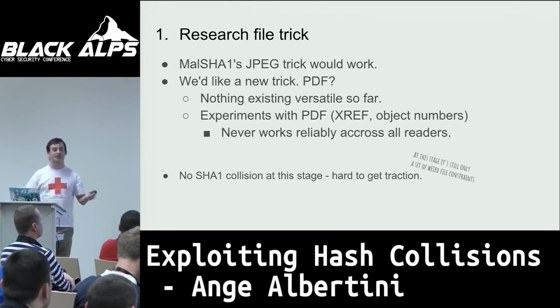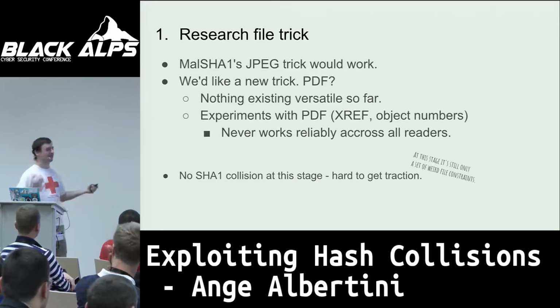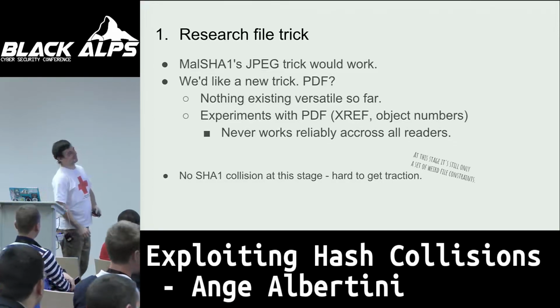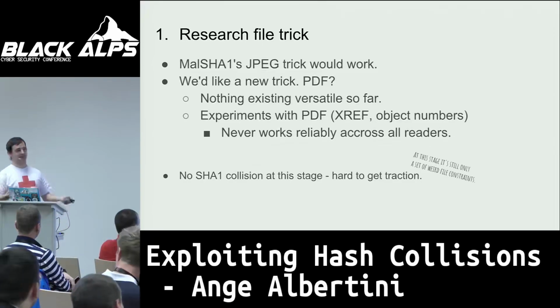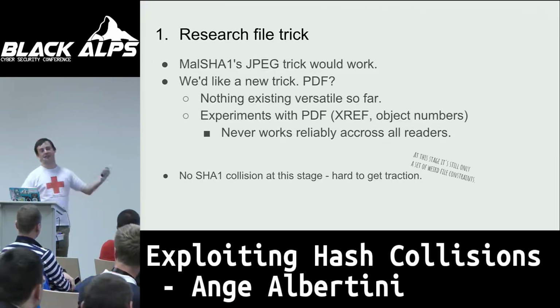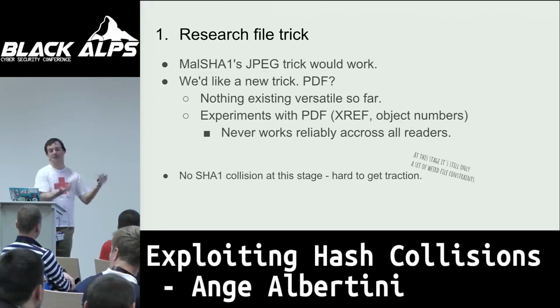So you have very little traction with colleagues. It's like, I'm doing research on file formats for a potential attack that doesn't exist yet. And people are like, what did you smoke? Something like this. So really, you don't get people interested in it. Once it's computed, it's too late, because then it should work. I mean, it's too late for my file format planning.